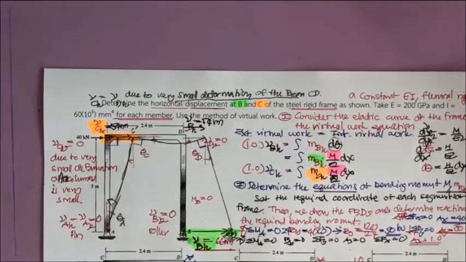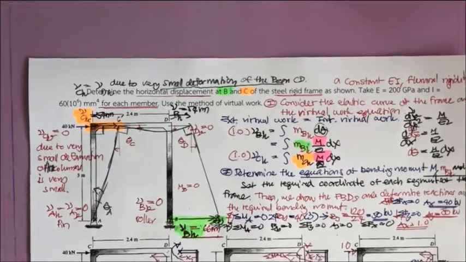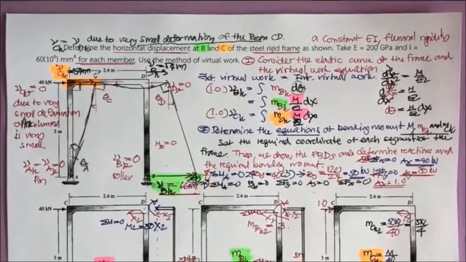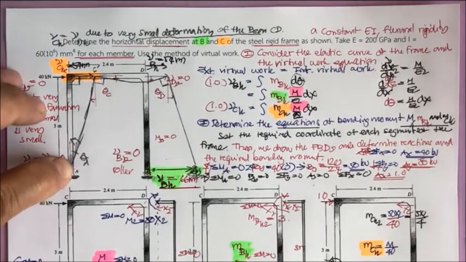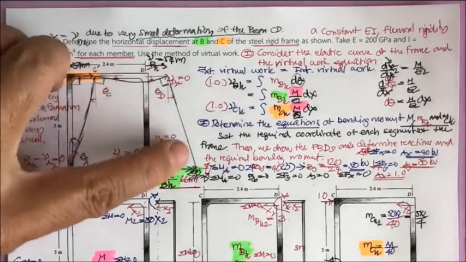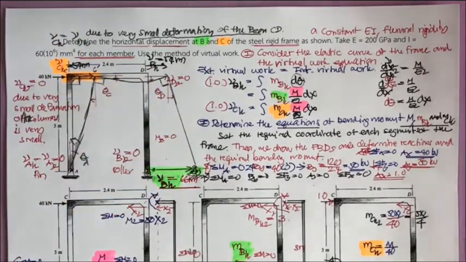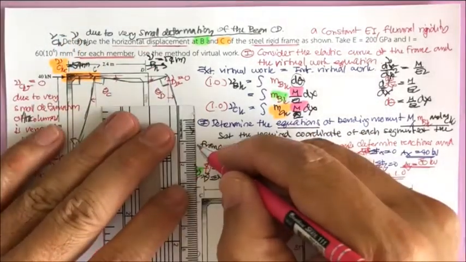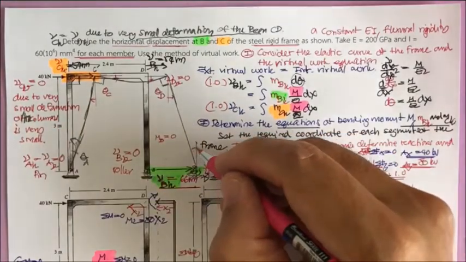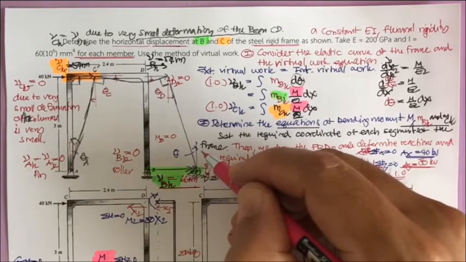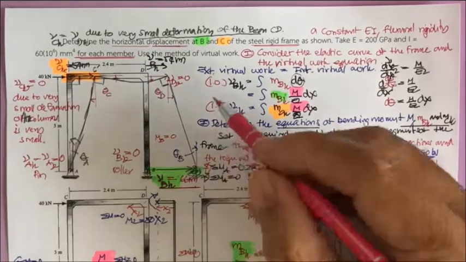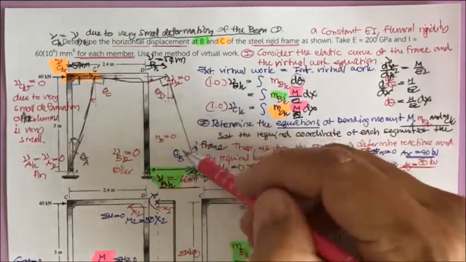For the slope, you have to determine it by putting a 1 unit moment at point A, point C, point D, or even point B if you like. This one also gives theta sub B, and I believe these two are going to be equal.